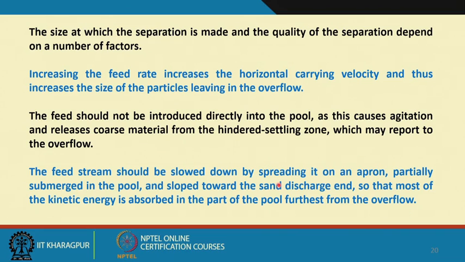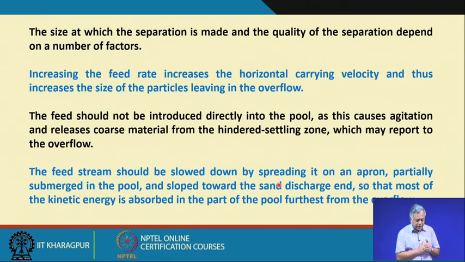The size at which the separation is made and the quality of the separation depend on a number of factors. What are those factors? Firstly, if we increase the feed rate, it increases the horizontal carrying velocity, because you are feeding the slurry at a very high rate.